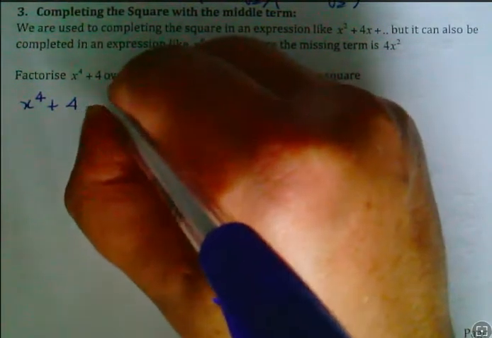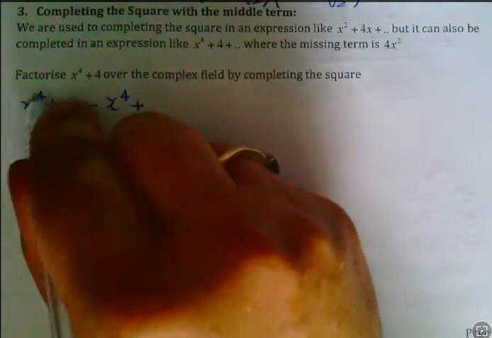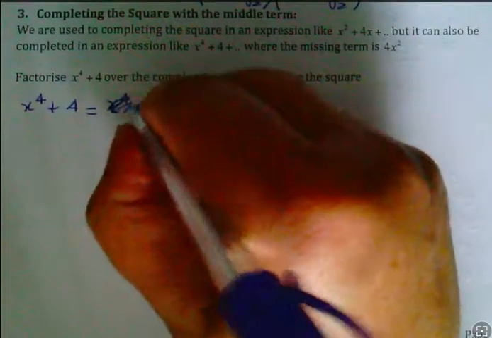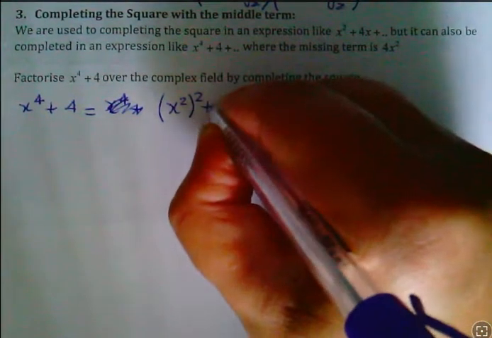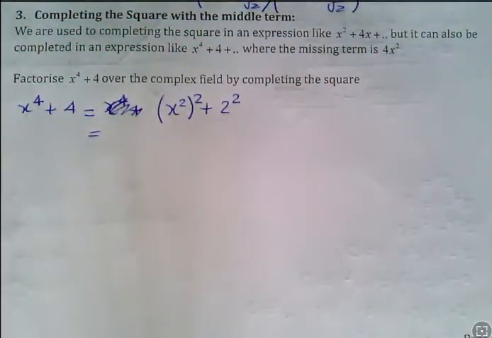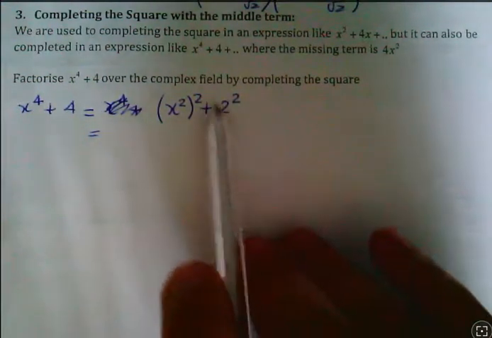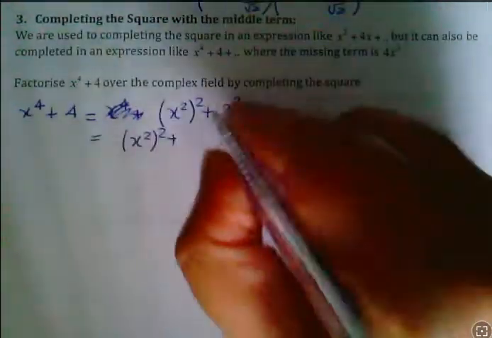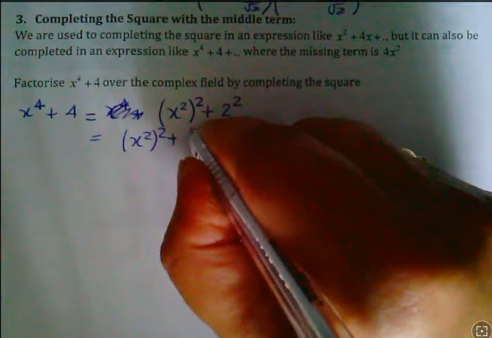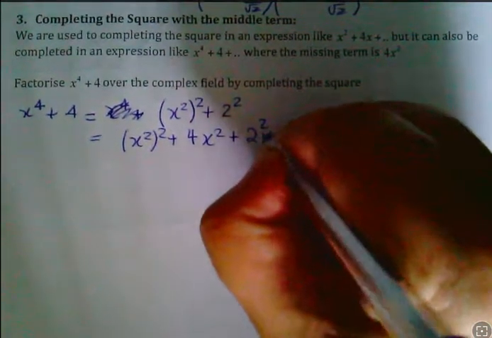Now that is equal to x to the power of 4. This is really x squared squared plus 2 squared. So if this was a squared plus b squared, you're really missing the 2ab term in the middle, which would be plus 2 times 2 times x squared, which is 4x squared.